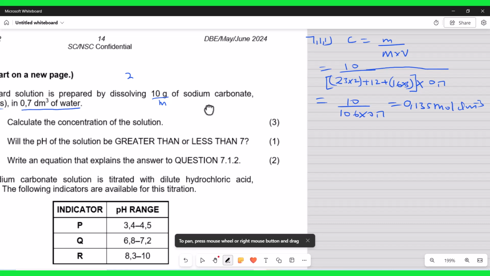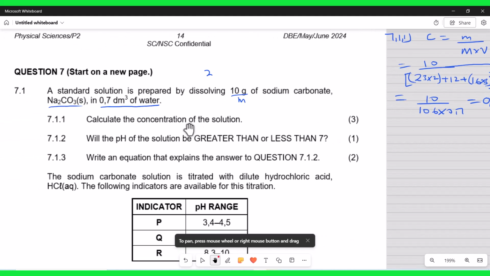Will the pH of the solution be greater than or less than 7? Now if you check what we are having here, we are having sodium carbonate. Now the sodium carbonate, what does it do? In the solution, it gives us the sodium ions and the carbonate ions.